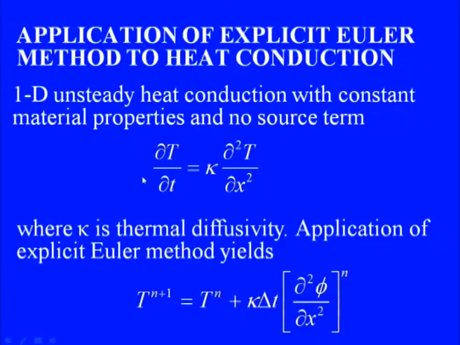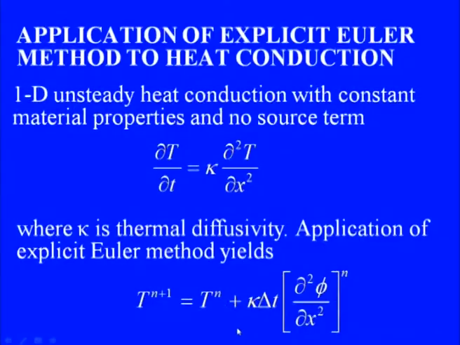For the time being we have ignored the source term. If you want we can put it in; it does not really affect our time integration procedure or the stability of the scheme. For the sake of simplicity of the formula we have noted down the case where there is no source term. Note that kappa is thermal diffusivity.